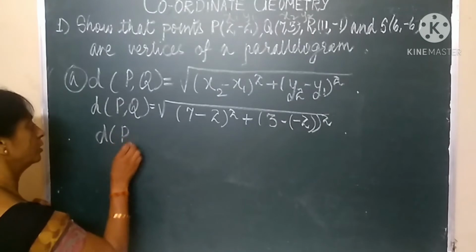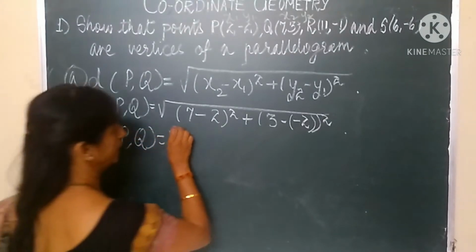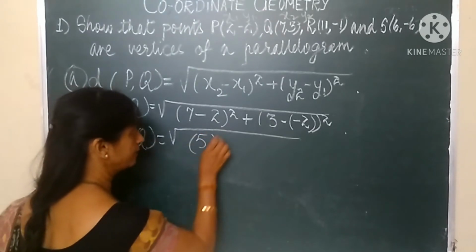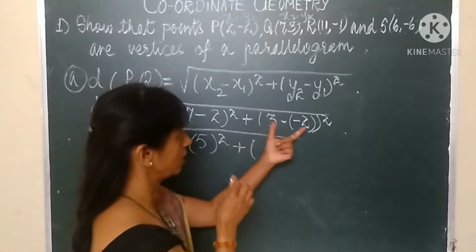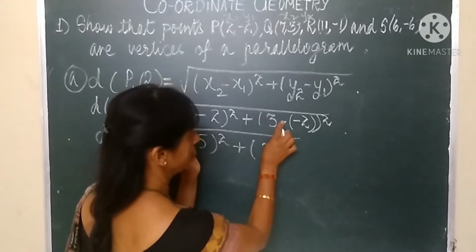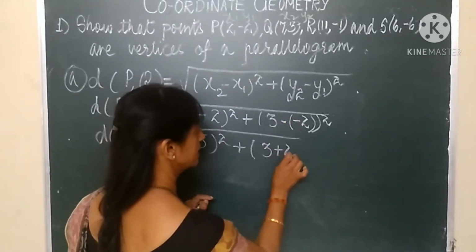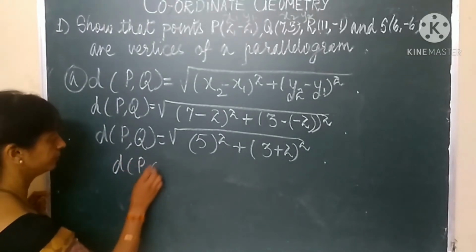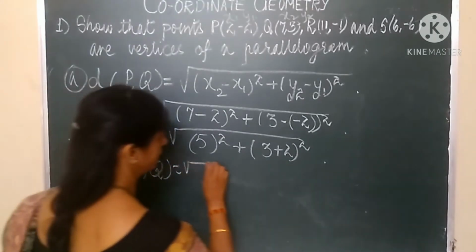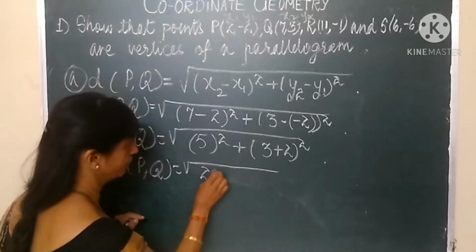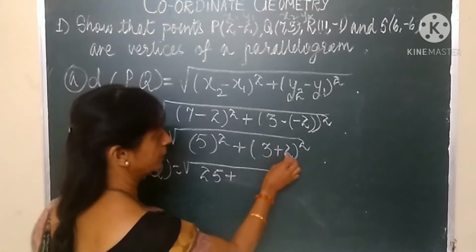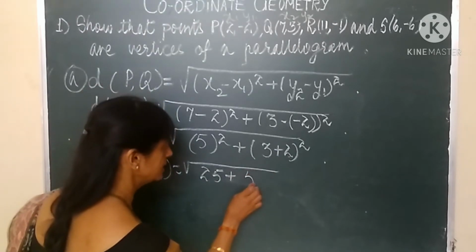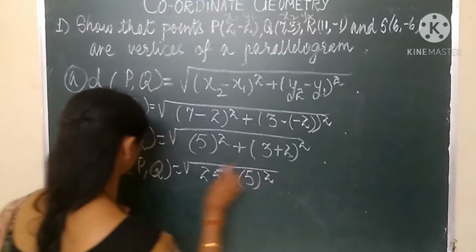So distance PQ will be equal to 7 minus 2 gives you 5 square plus, let's solve inside the bracket, 3 minus into minus gives us plus 2 the whole square. So distance PQ will be equal to 5 square is 25 plus into the bracket we have two terms to be added up, that is 3 plus 2 is 5 the whole square.